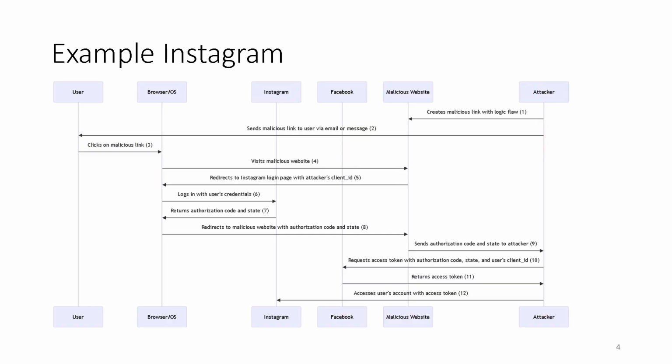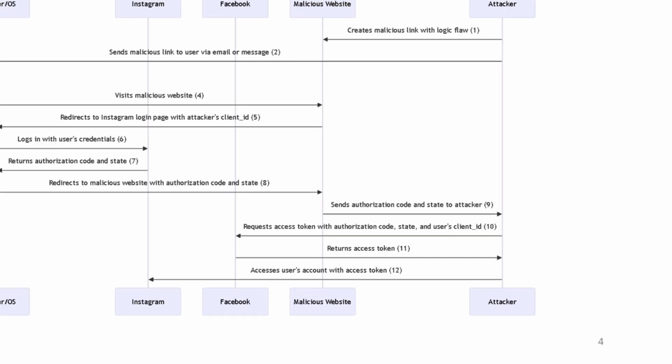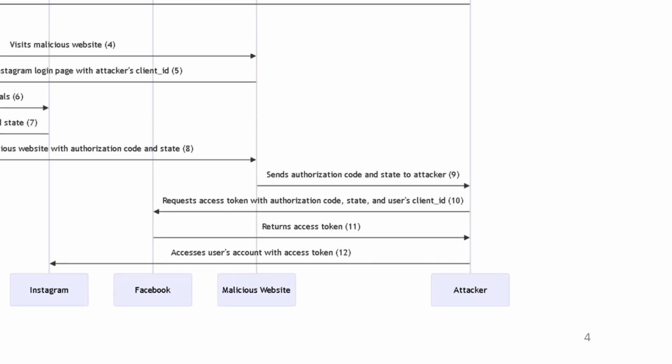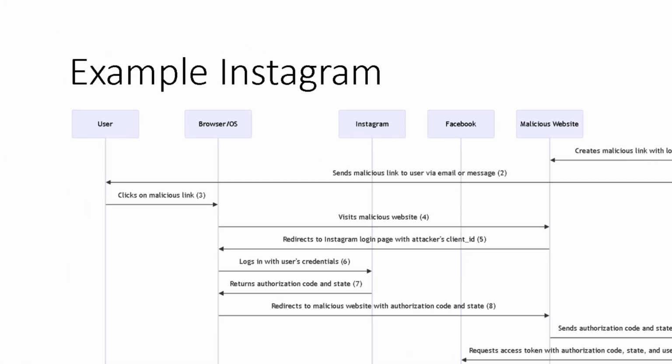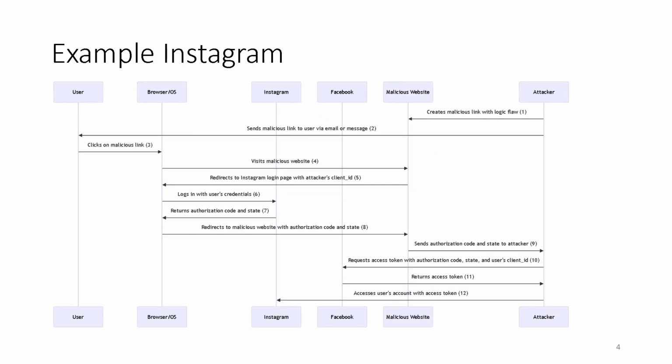The attacker created a malicious link that contains a logic flaw in the Instagram OAuth 2.0 implementation. The flaw allows the attacker to use their own client ID instead of the user's client ID when initiating the login flow with Instagram.